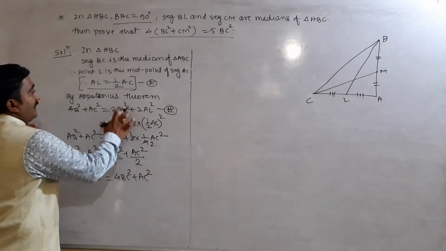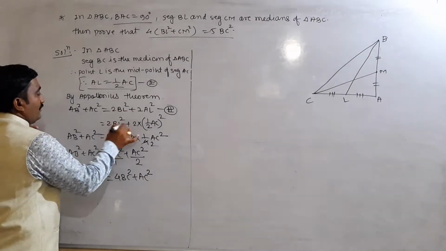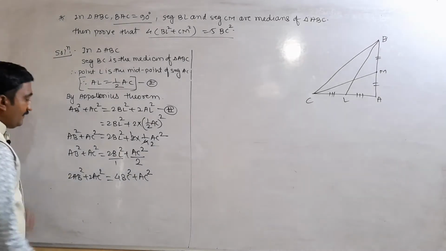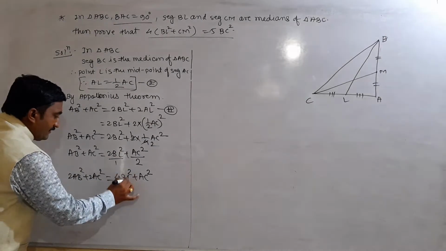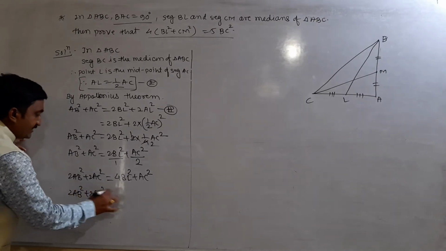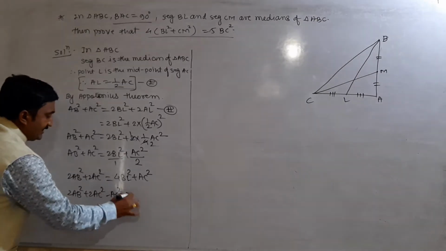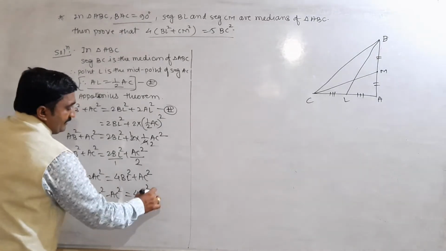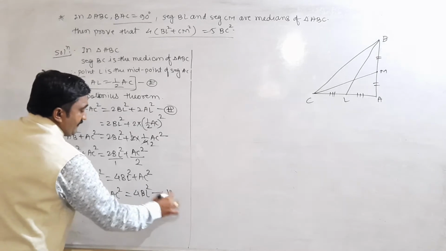Then 2AB square plus 2BC square minus AC square is equal to 4BL square.